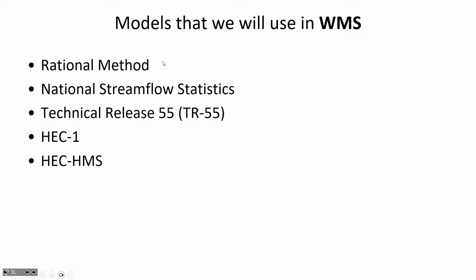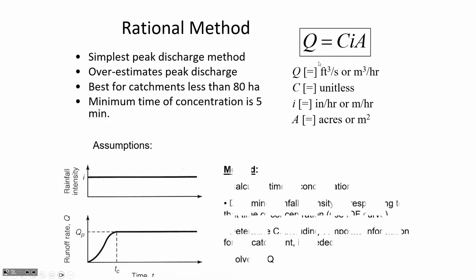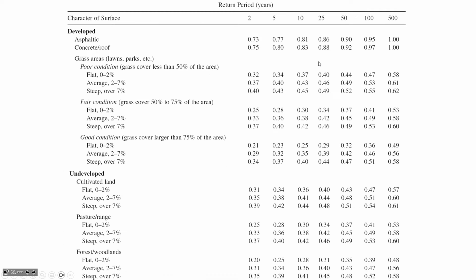The rational method, we've had some exposure to that in class, and it's based on hopefully having a good guess of the C value. There are tables of C values which vary based on return period and sometimes the quality of the vegetation over land, but there's a lot of wiggle room on these C values, and it's a little bit subjective.